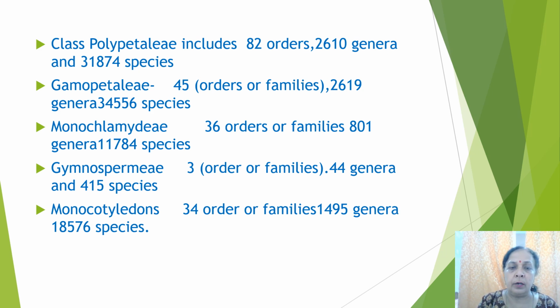Monochlamydeae includes 36 orders or families, 801 genera, and 11,784 species. Gymnospermae group or division includes 3 orders or families, 44 genera, 415 species. Monocotyledons division includes 34 orders or families, 1,495 genera, and 18,576 species.